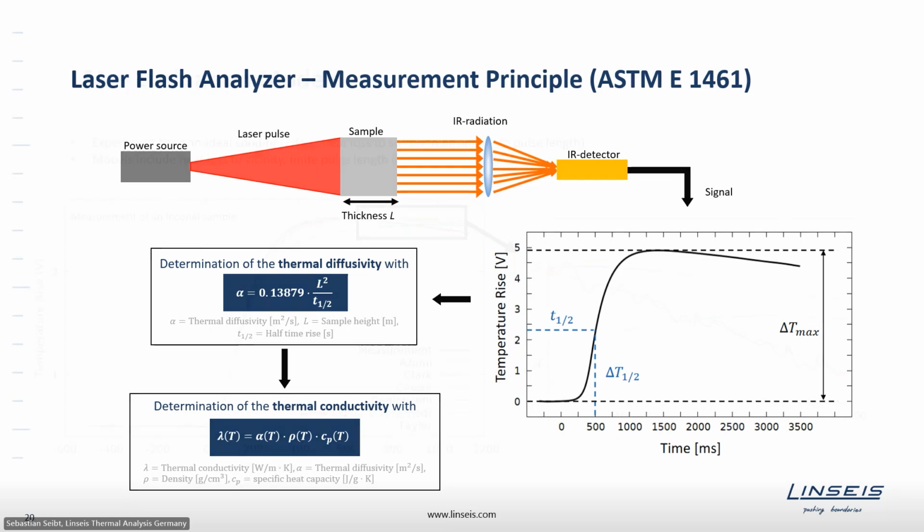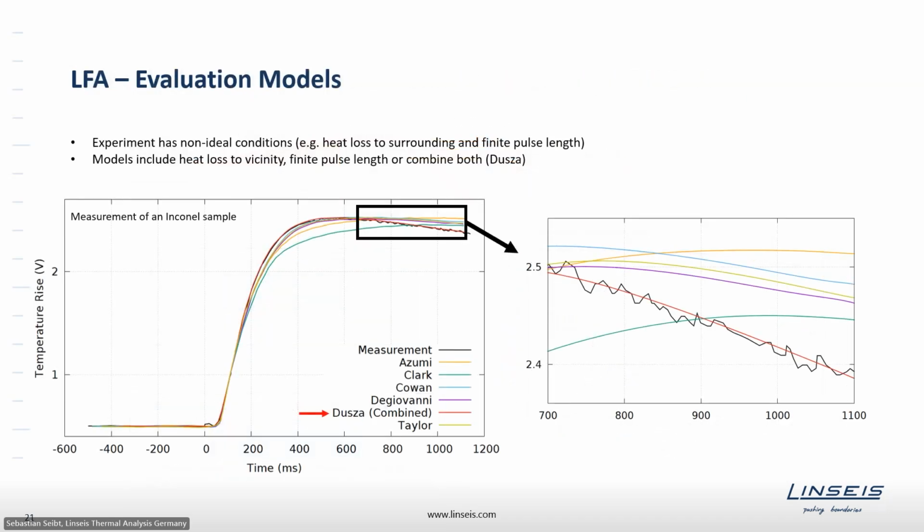On the next slide, you can see that the determination of this half-time rise is not as indicated on the slide before graphically, but there are different models behind that. There are a lot of different models available, which all consider different effects because, of course, like typical, reality differs from the theoretical model.